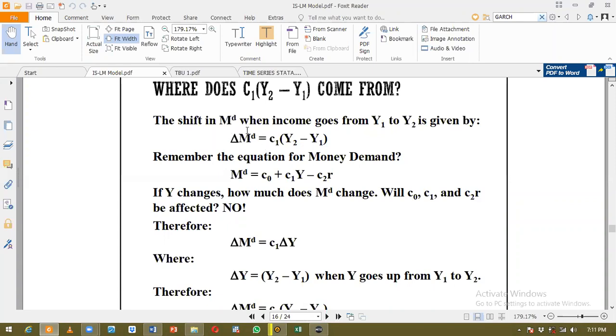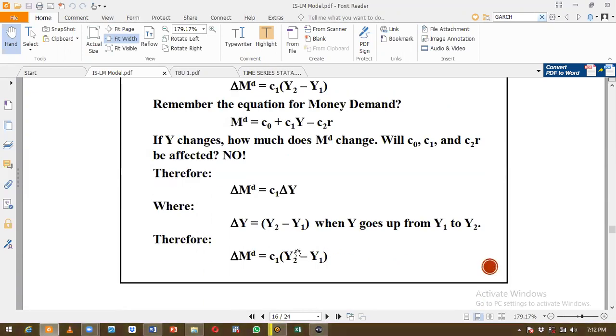So the change in money demand depends on the value of what? The value of C1. So what we have here, Y2 minus Y1 is our change in Y. So change in money demand should be equal to the coefficient of income times the change in income. Because of the positive sign, if the change in Y is positive, it means that the change in money demand too is going to be positive.